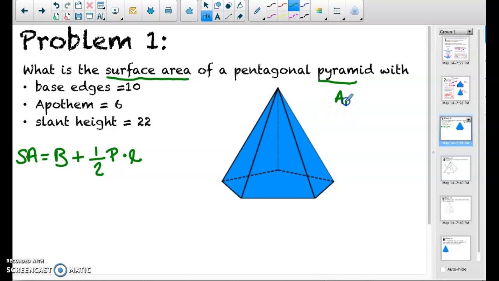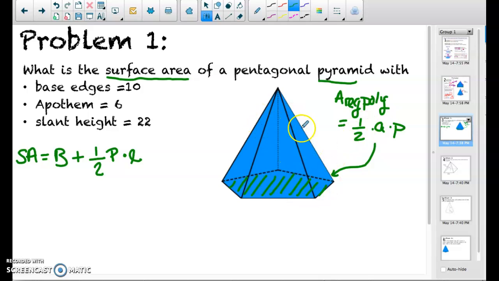Area of a regular polygon is 1/2 times apothem times perimeter. Now that's going to be for the shape of the base. This is the base here. So we have to use that, and that's going to help us find the area of our base.